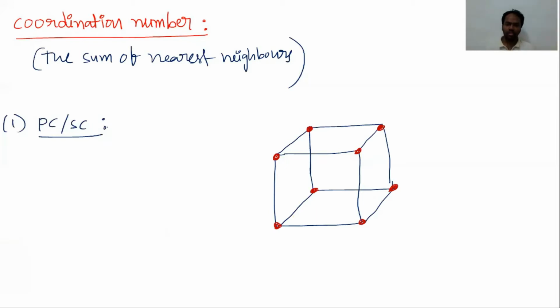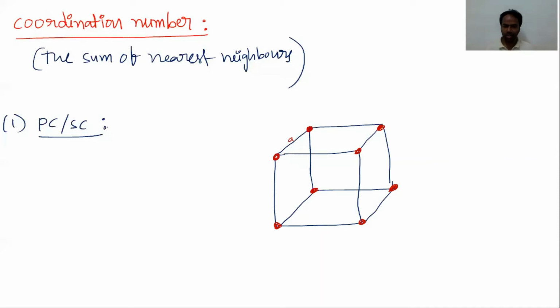I want to calculate the coordination number of this lattice point. Now let us calculate the sum of nearest neighbors for this lattice point. What is the distance from here to here? It is a.